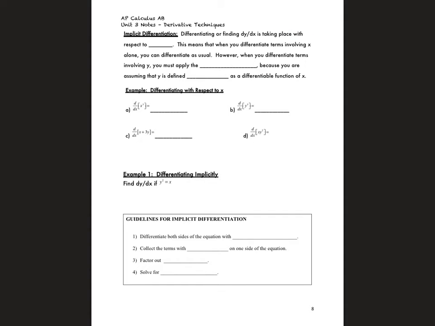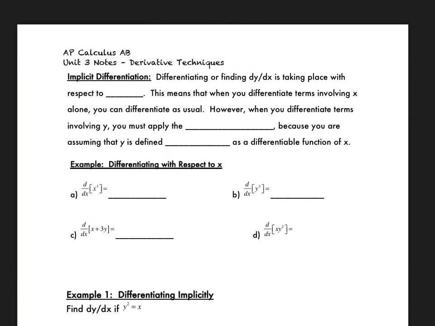Okay. So implicit differentiation is the process of differentiating, and when you do, it's dy over dx, taking place with respect to x. This means that when you differentiate terms involving an x alone, you can just go forward like you're used to. However, when you're differentiating terms involving y, you must apply the differential.